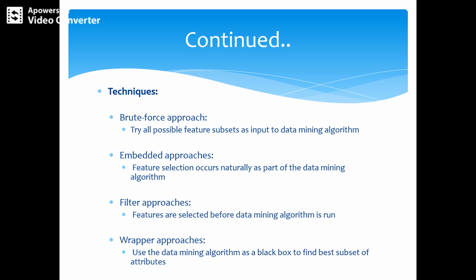Then the wrapper approaches use the data mining algorithm as a black box to find the best subset of the attribute set. In a way, this is similar to the ideal algorithm, but typically without enumerating all the possible subsets.